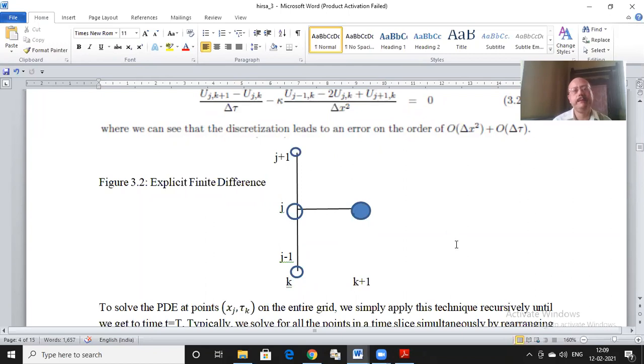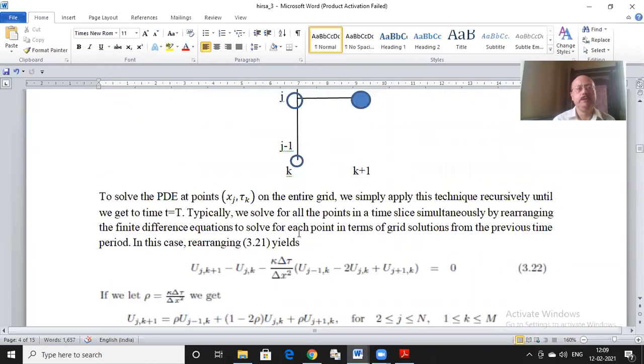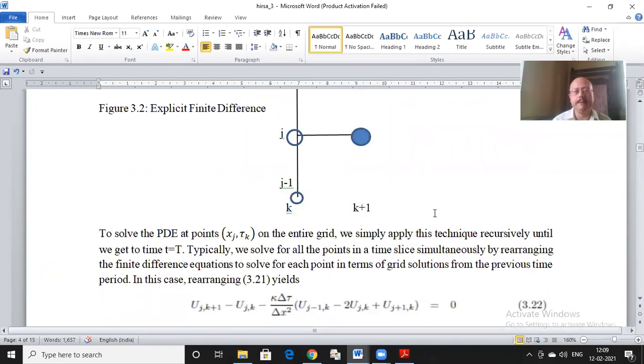So explicit finite difference scheme works like this. Just in words, to solve the PDE at point xj tau k on the entire grid, we simply apply this technique recursively, starting from the left, because at the very left, I had the initial condition. And we move to the right until we get to time t equal to capital T. So what people will do is typically they will solve for all the points in a time slice.